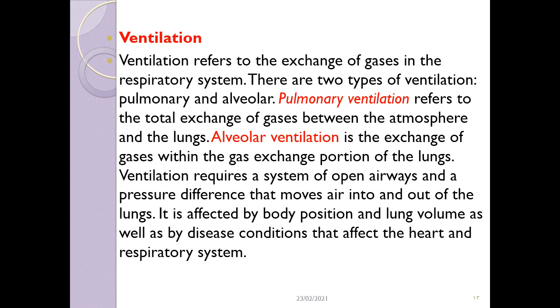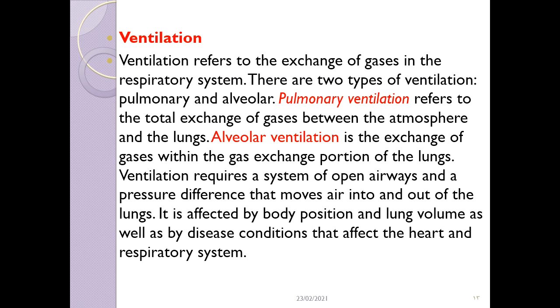And this pressure difference that moves the air into and out of the lung is affected by body position and lung volume, as well as by disease conditions that affect the heart and respiratory system.